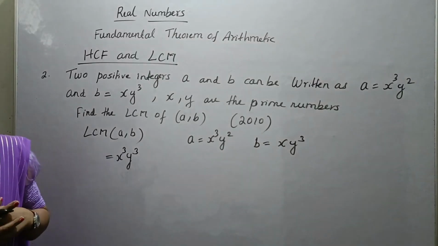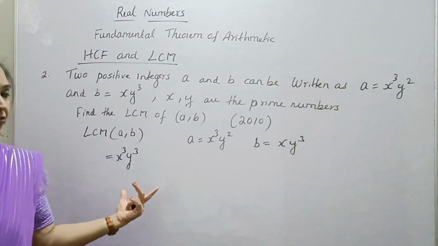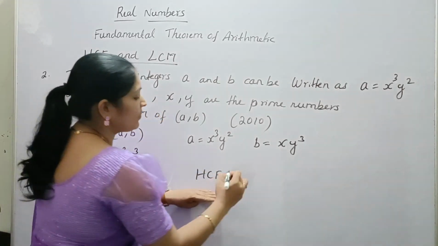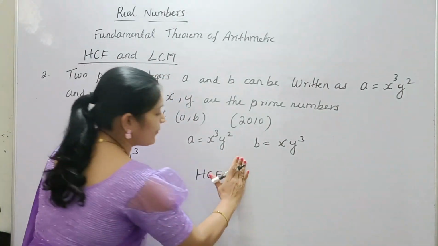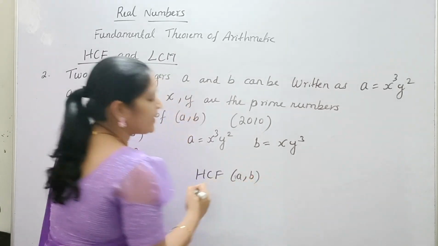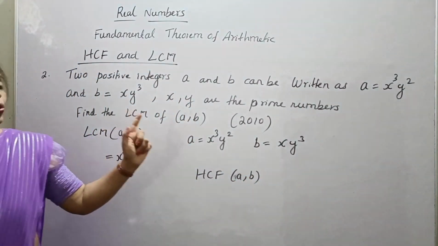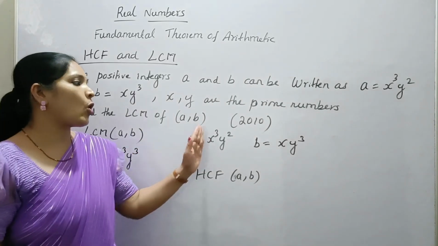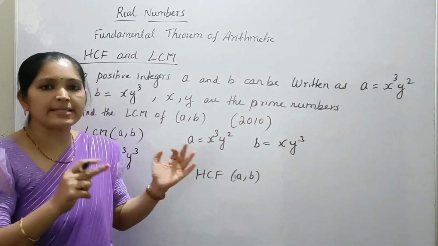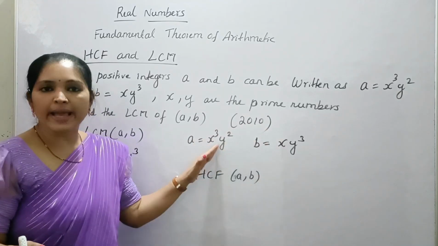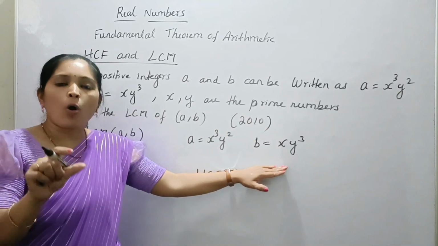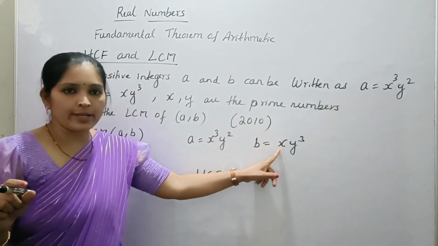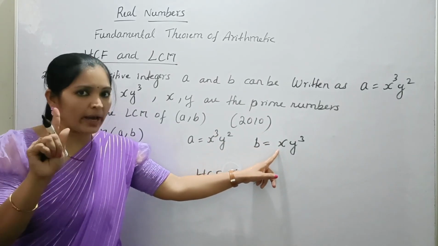Now, HCF is not asked, but what is the HCF of a and b? You have to write the smallest power of each common factor. Here the common factors are x and y. For x, we have x cube and x raised to 1, so the smallest power is 1.